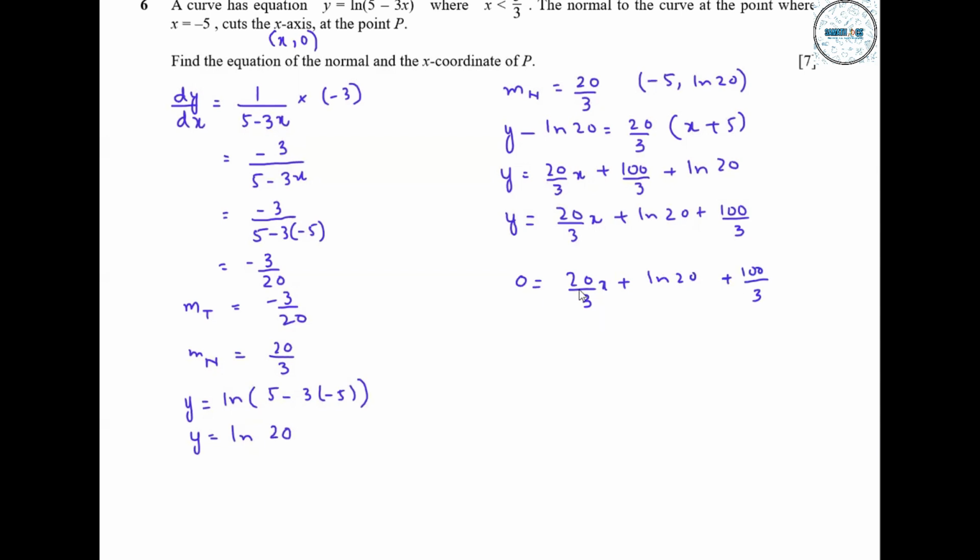We have to take out the value of x, so we can take these two on the other side. So we will have 20 upon 3x is equal to minus ln 20 minus 100 upon 3, and x is equal to minus ln 20 minus 100 upon 3, and we will multiply this by 3 upon 20. By using the calculator, we will get the value of x as minus 5.4.